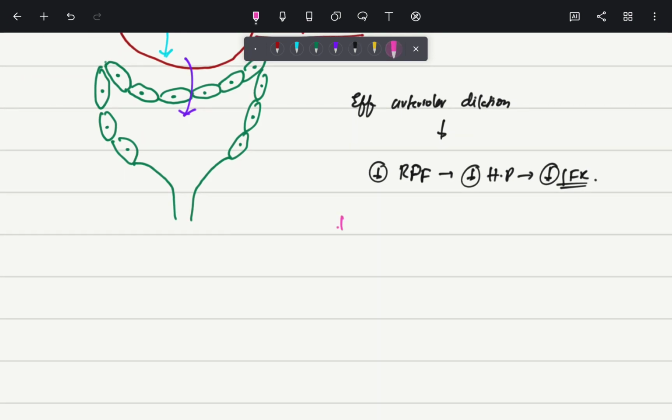This decrease in the glomerular filtration rate means the kidneys are not getting hydrated, or we can say the kidneys are not well perfused.